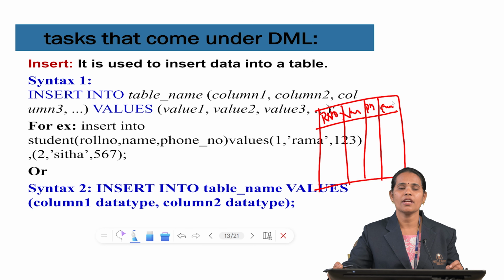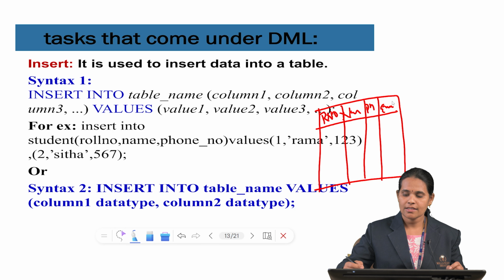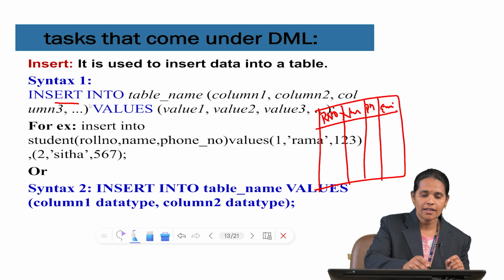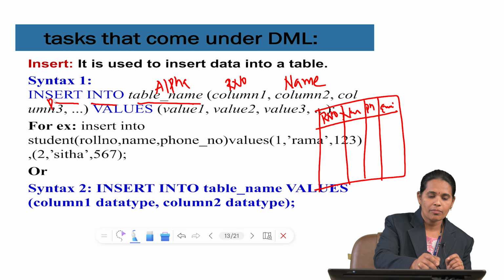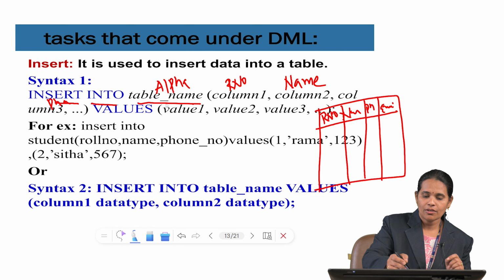This insertion can be done in two different ways. The first way is that we can insert the data or records into the table by using insert into table name. Here we need to mention the table name, which is alpha, and column 1 is roll number, column 2 is name, column 3 is phone number, etc. Then values.